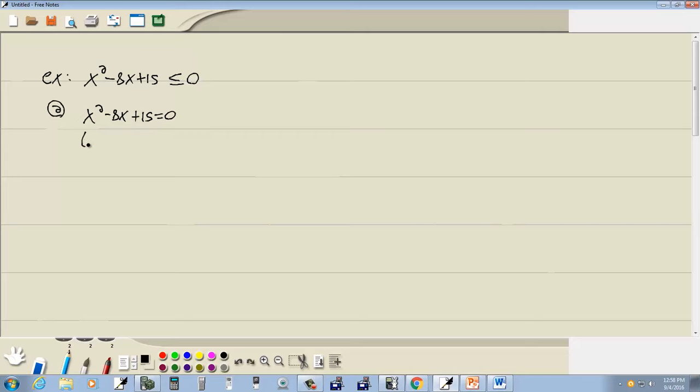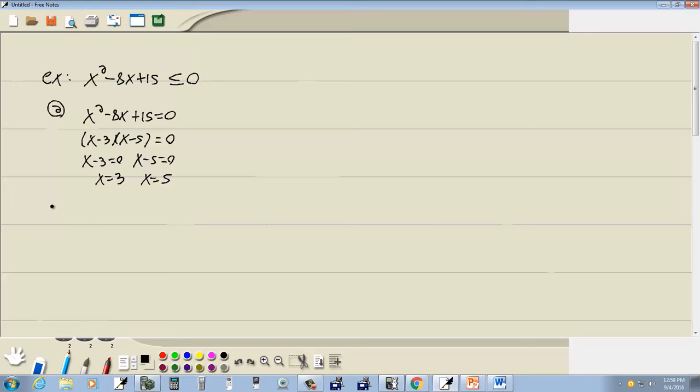This factors as x minus 3 times x minus 5. Using the zero factor property, you get 0 on one side, you factor the other side, you set each factor equal to 0. So we'll set x minus 3 equal to 0, and we'll set x minus 5 equal to 0. And that gives us 3 and 5.